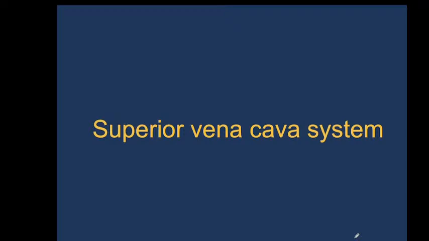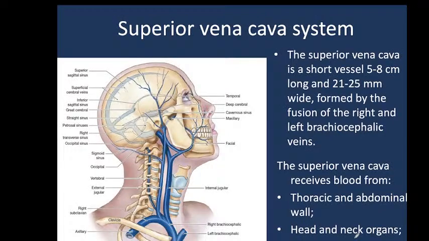Let's take a look and see how the superior vena cava system works, and which kind of veins are connected with this system. Superior vena cava, you see it here. This is the superior vena cava.